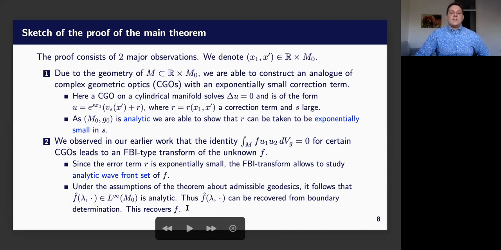That means that we can make boundary determination on the M0, on this transversal manifold, to recover the f hat lambda for any lambda. Then finally, making a Fourier transformation in the x1 direction, in this lambda direction, we can actually recover f. I will explain this again later. But this is the sketch of the proof. And let's go to the Gaussian beams next, or CGOs.